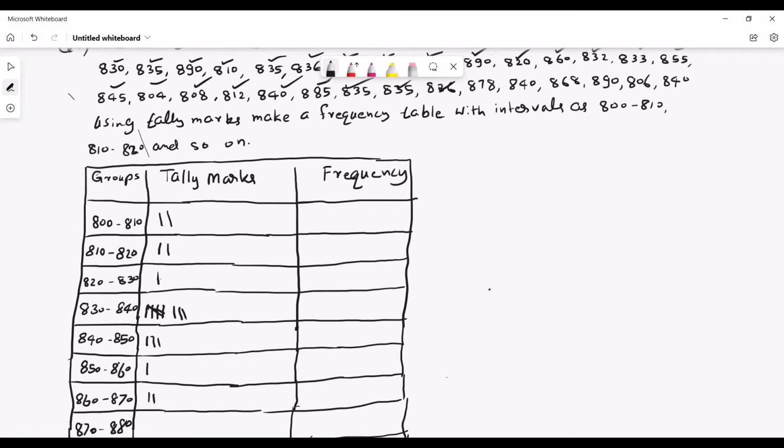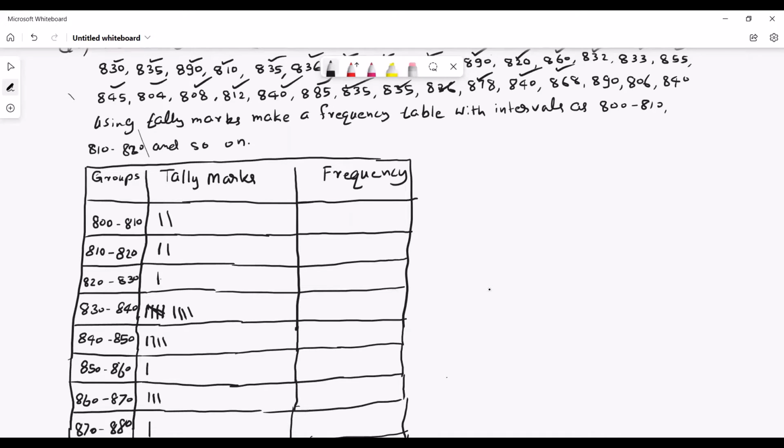Then we are having 836. That also will come here. Then we are having 878. 878 will come here. Then we are having 840. So that will come here only. Then we are having 868. That will come here.